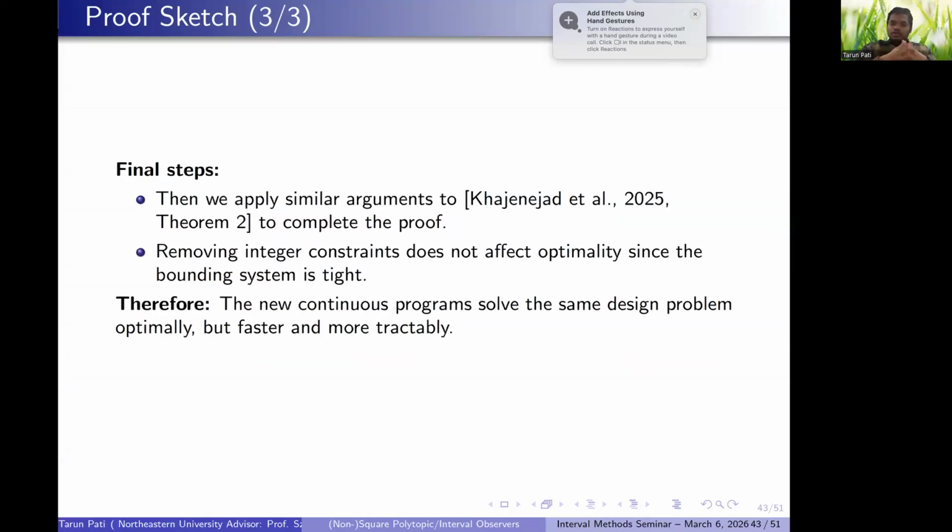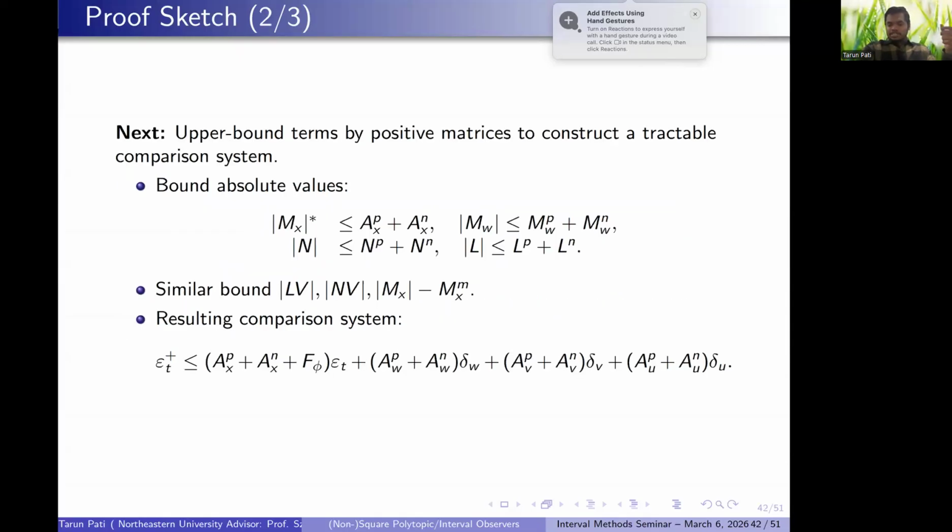So now that we've removed the absolute value terms using the trick that I showed on the previous page, we apply similar arguments to our previous papers to enforce stabilization. We basically use standard L1 optimal or H-infinity optimal stabilization techniques in the literature to achieve stabilization of this error comparison system given below here.